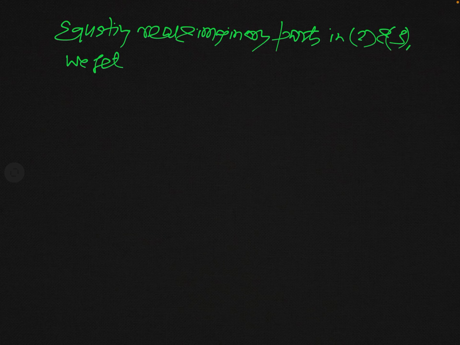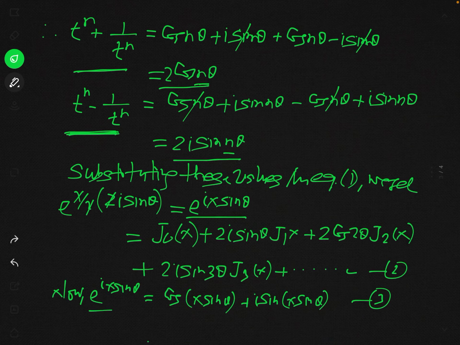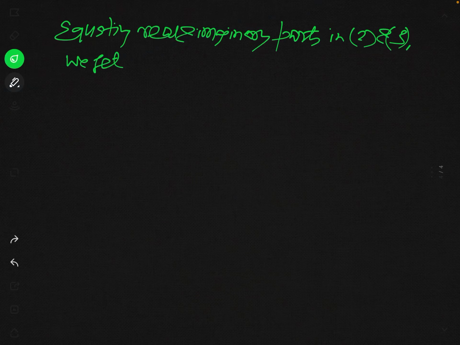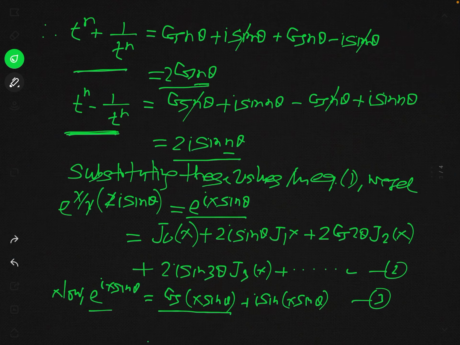You can see in the LHS the real term is cos of x sine theta. So we will write cos of x sine theta, and in the RHS you can see J0 of x is real, 2 cos 2 theta J2 of x is real. Similarly, 2 cos 4 theta J4 of x will also be real.